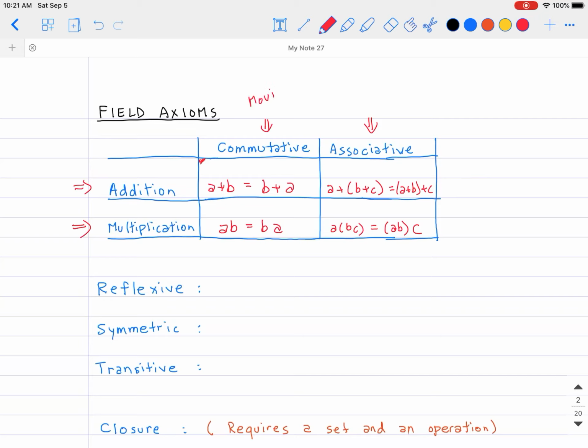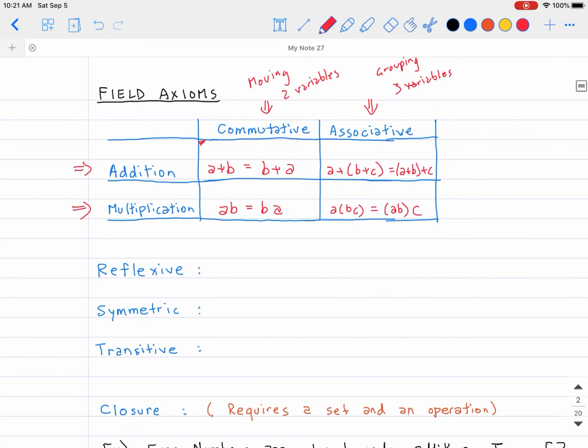So let me write that up on top. Commutative is moving, and you have two variables. Associative is looking at grouping, and we have three variables. That's my neat little trick to help you memorize this.